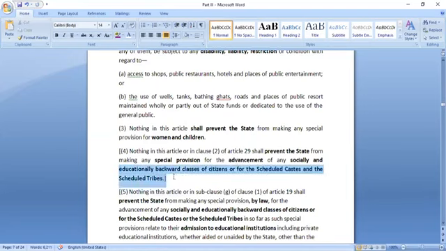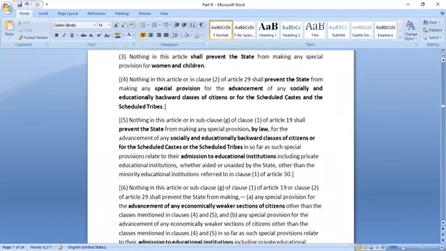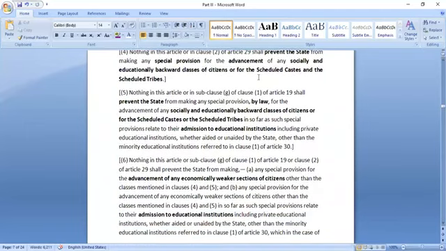So under this, the state government or union government can make reservations regarding education or any other matter in order to provide enough opportunities to people from the backward classes. Also, for socially and educationally backward classes of citizens like SCs and STs, there can be special provisions regarding their admission in educational institutions.